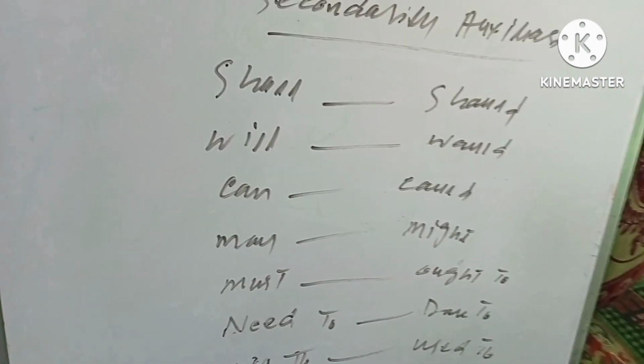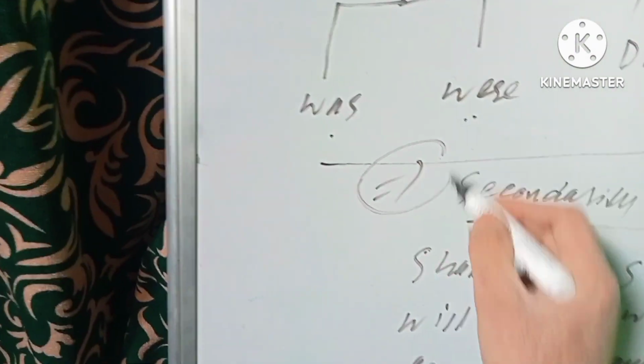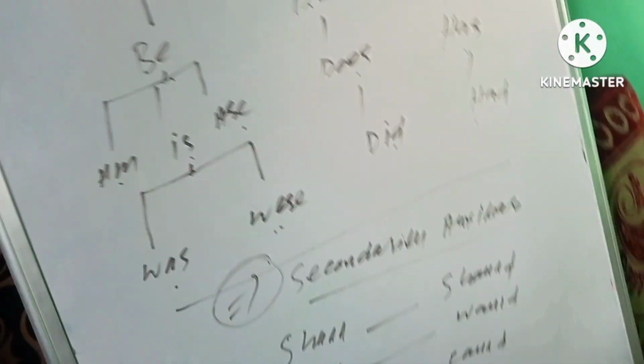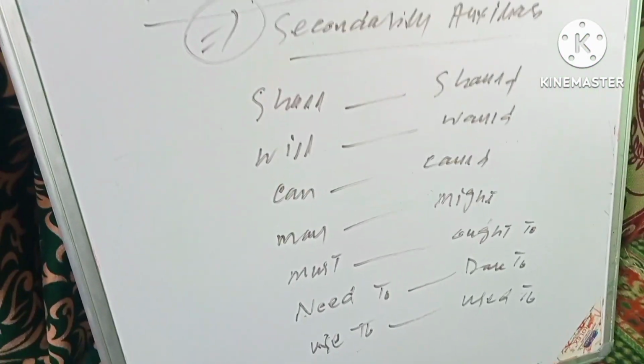These are 14 modals here. This is called the secondary chart, and this is called the primary chart. These are modals, beloved students here.